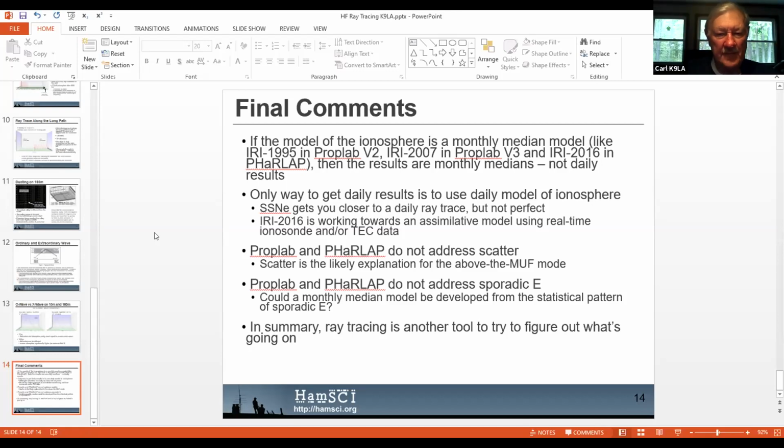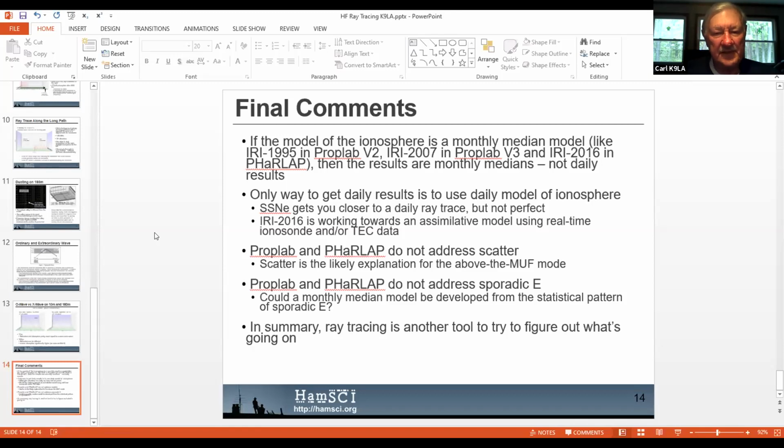Okay. In PropLab, you can tell what the collision frequency is, and it's usually broken up into two altitude regions: one for the lower ionosphere, and then one starting at 140 kilometers or so. And you have to go find out what typical collision frequencies are for electrons and neutrals.